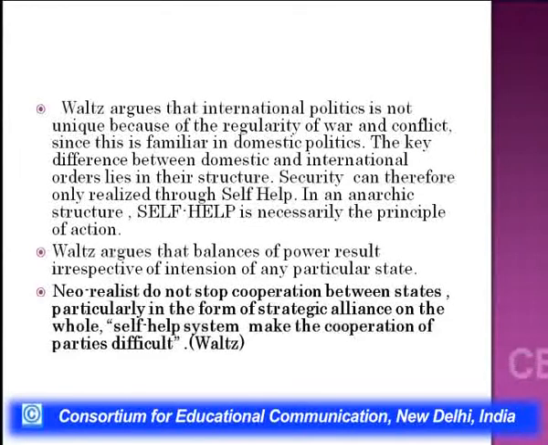Again, Waltz says, see, international politics is not unique because there is a regularity of war. Because war and conflict you can also see in domestic politics. But in domestic politics, there is a state to defend you. In the international system, no one is there to defend you. You have to defend yourself.